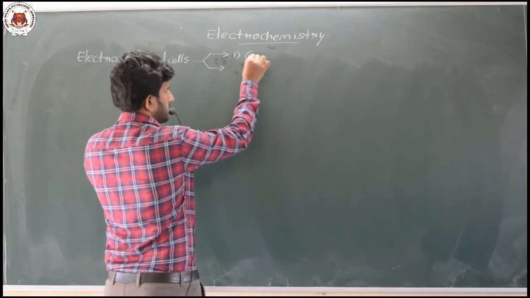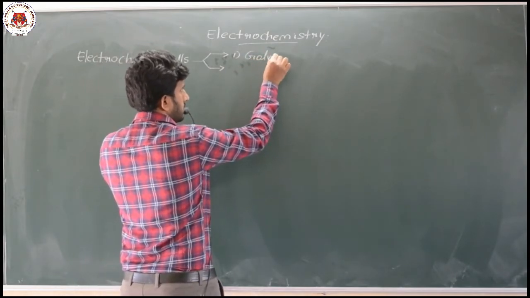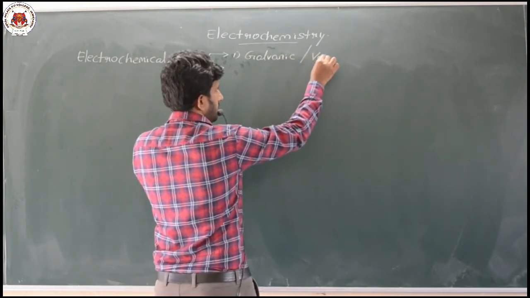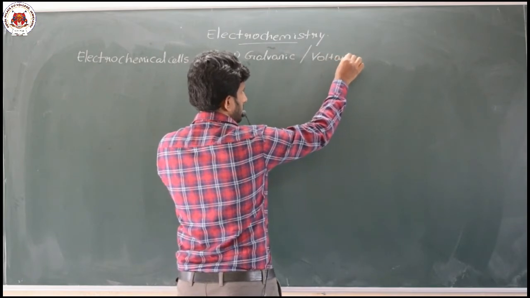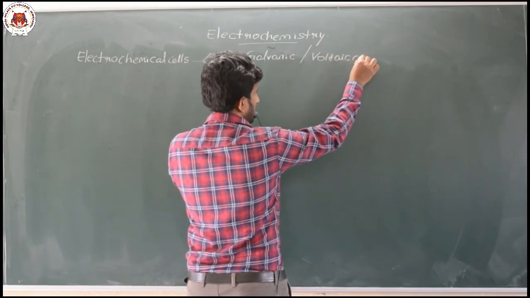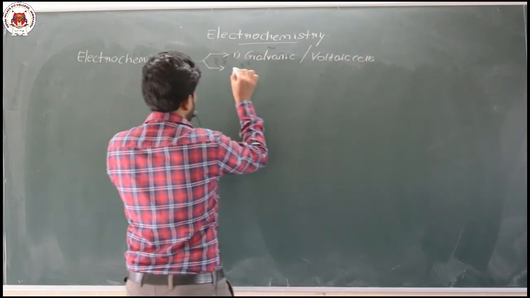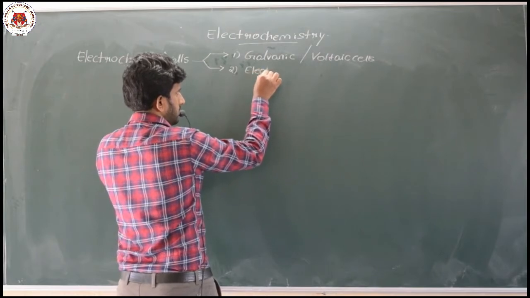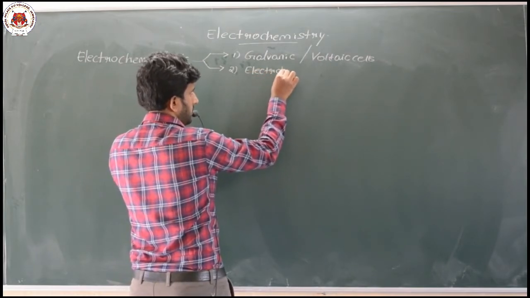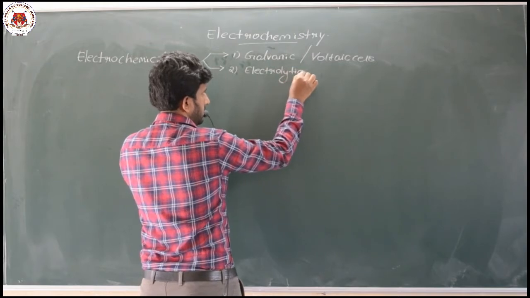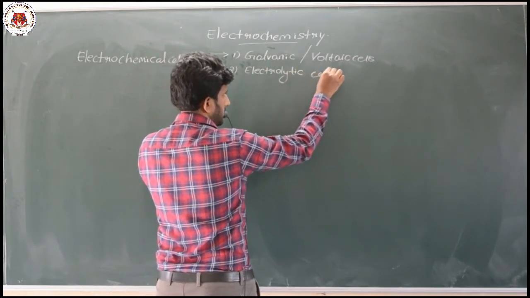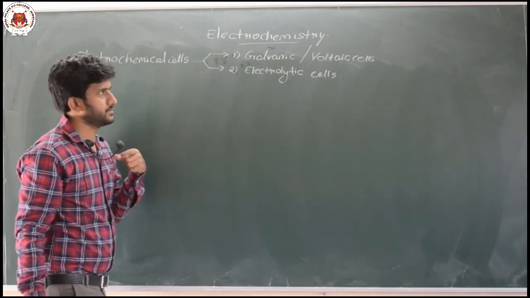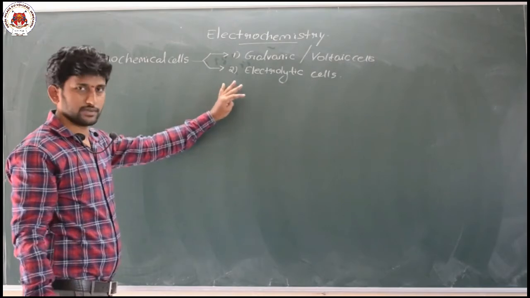The first type is galvanic or voltaic cells, and another type is electrolytic cells. So in the last class we have discussed up to this differentiation.